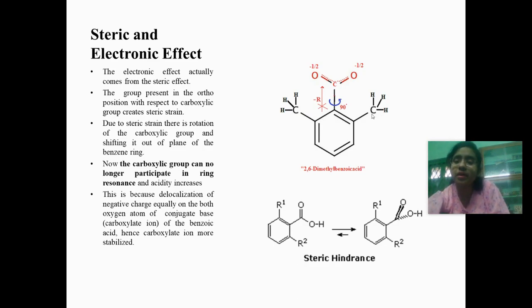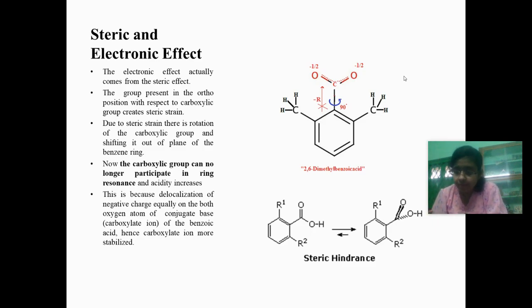So what is happening here? This group changes its position. Now, as they change to the 90-degree position, they are far away from each other, so the steric interaction is lost. But what has happened here?